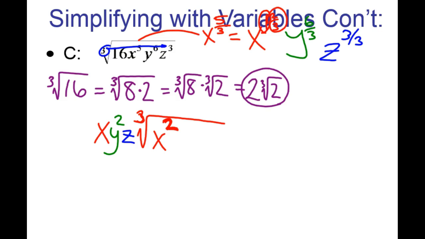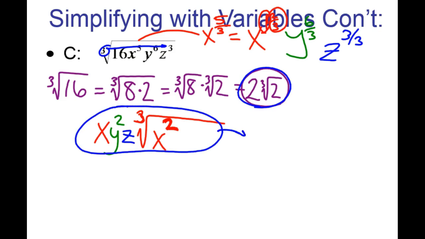So now I took my variable components and broke them apart. I have my numeric components broken apart. I need to take those two concepts and put them back together. I look and see what's outside of my radical symbol. I have the 2 for my numeric portion, and I have x, y squared, z.